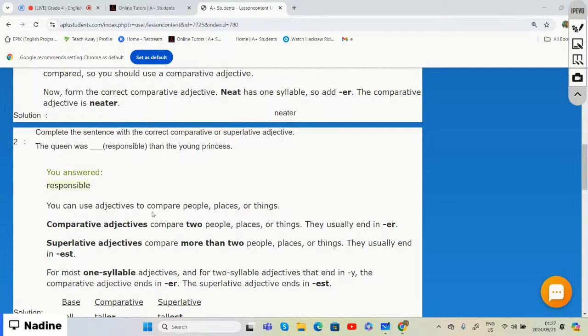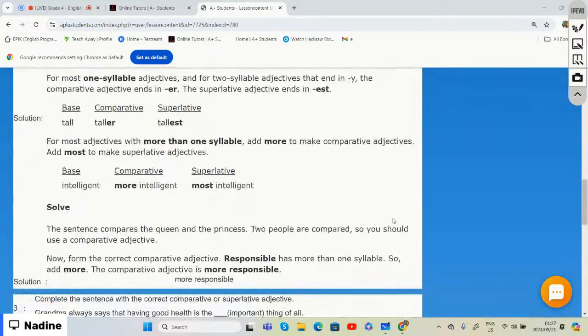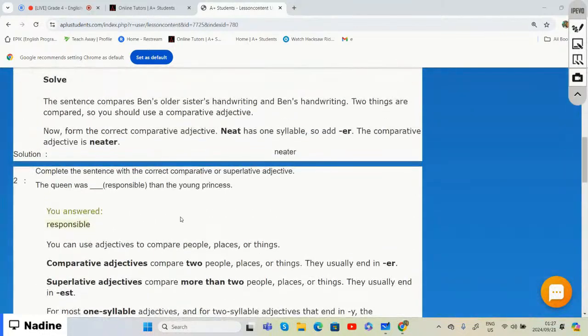All right, so now we're going to either add more or we're going to add most in front of this word. And remember, if we compare two people or things, we add more; if we're referring to a lot of things, we add most. So we need to either add more in front of responsible or most. So it says, the queen was, do we say, more responsible than the young princess? Or do we say the queen was most responsible than the young princess? Which one is correct?